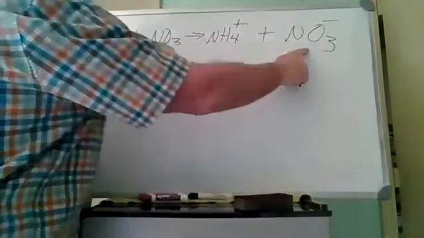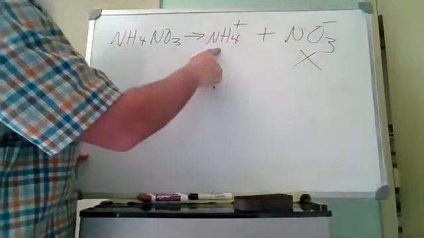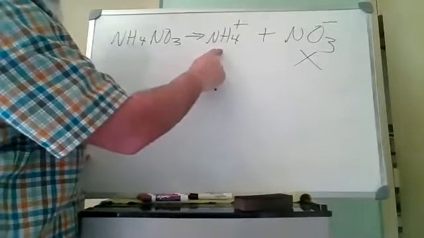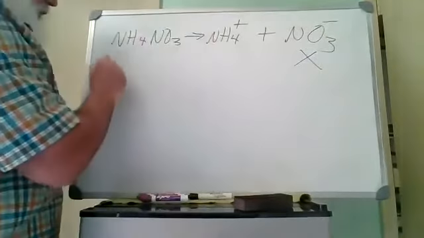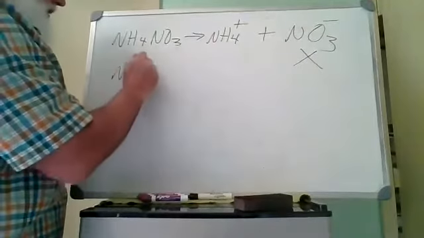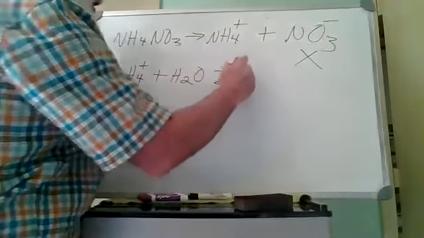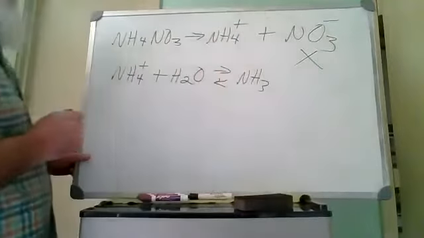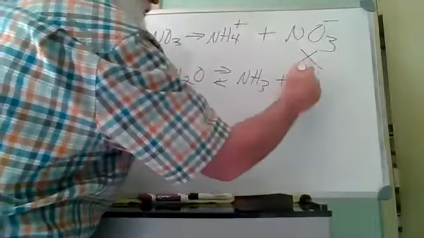Now, I know that's from the conjugate base of a strong acid, not going to react. This is the conjugate acid of a weak base, ammonia. So this will react with water. It can, in fact, be hydrolyzed by solvent water molecules, to give us neutral ammonia molecule plus H3O plus.